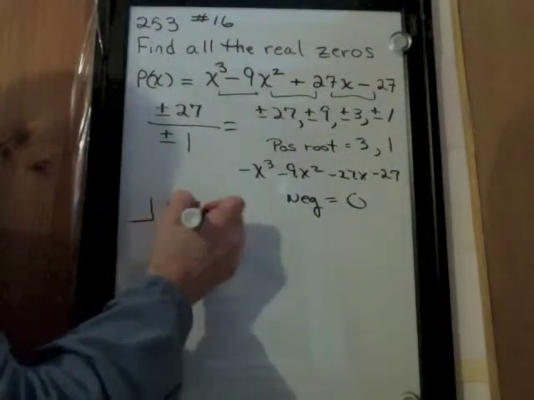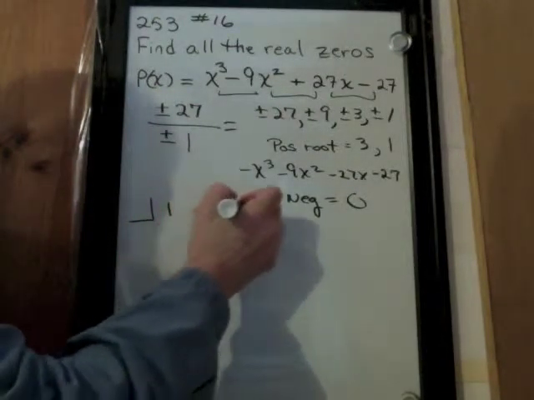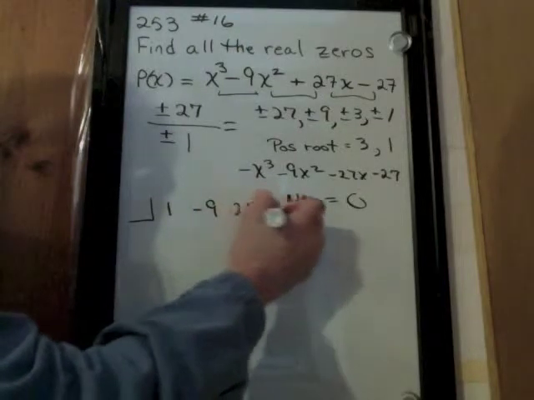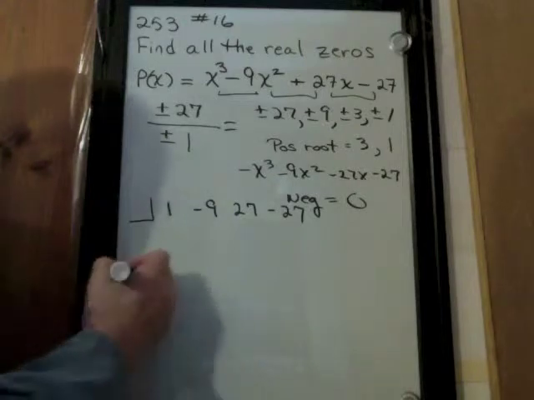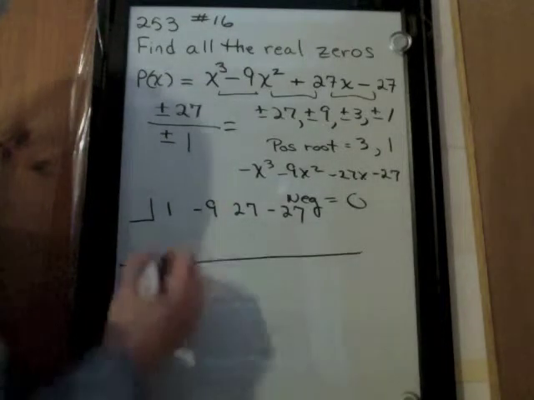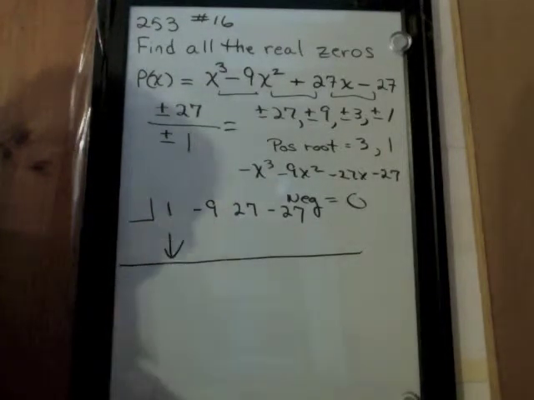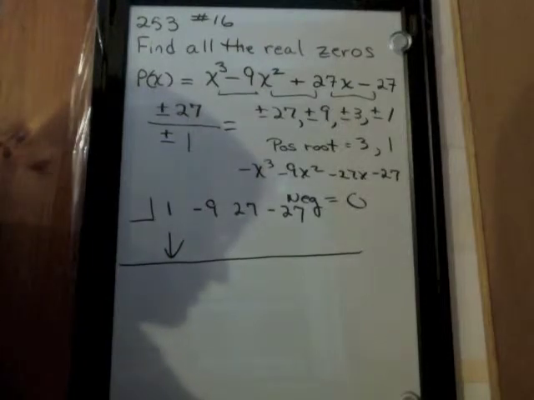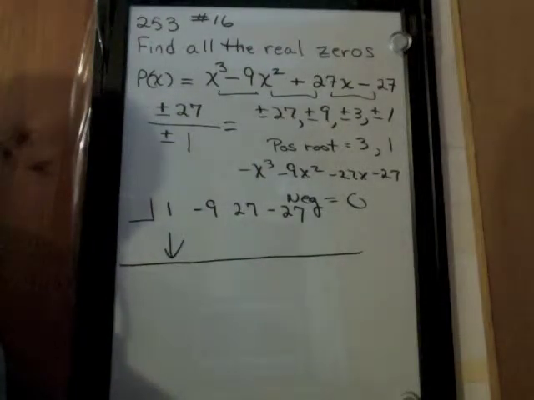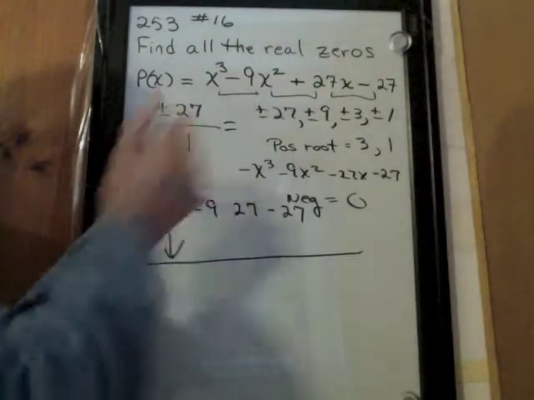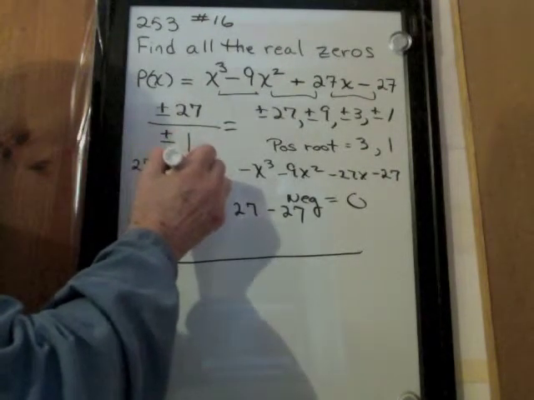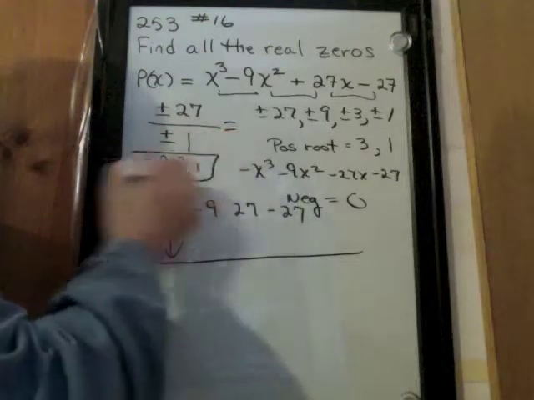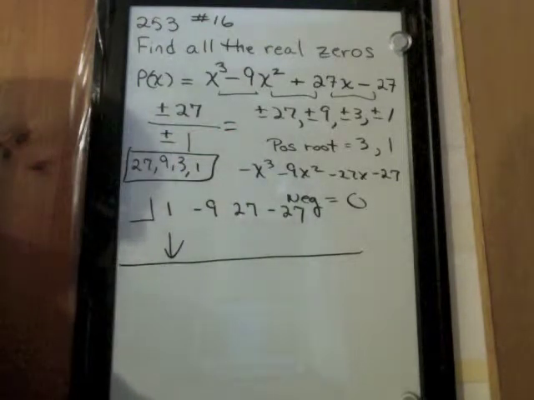So I need a 1, a minus 9, a plus 27, a minus 27. You with me there? And then I'm going to test these answers and see what I get. All right, so the numbers I have to try are 27, 9, 3, and 1.